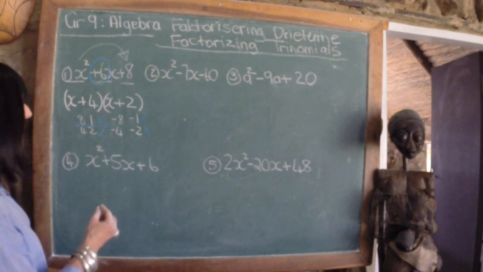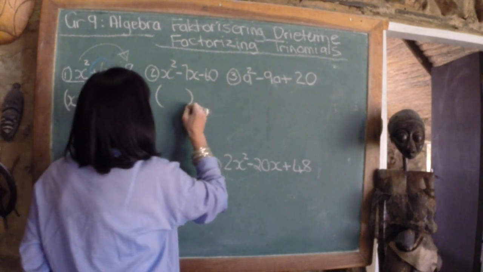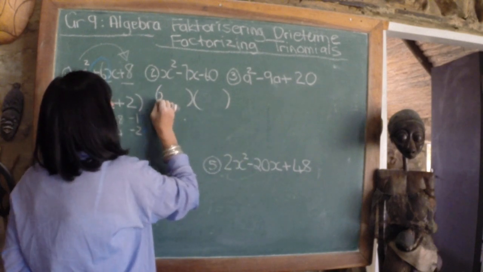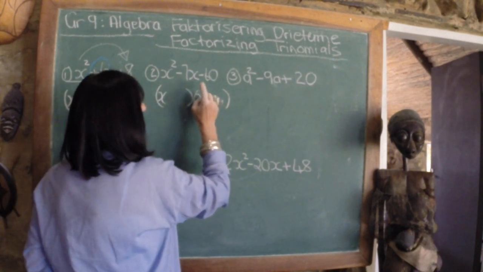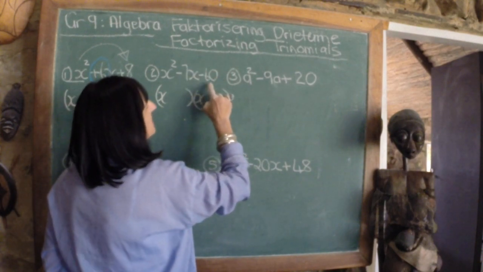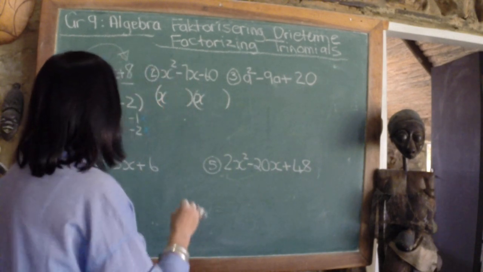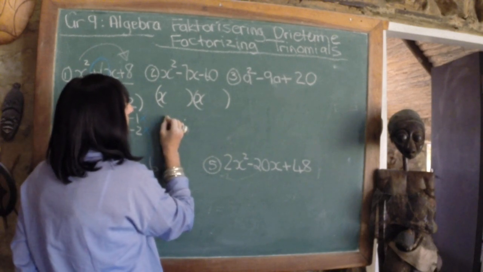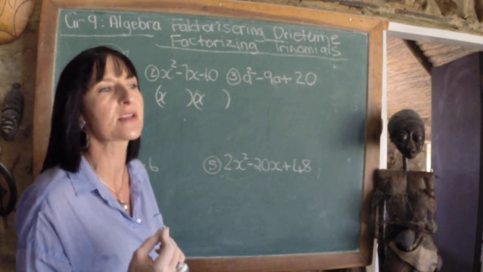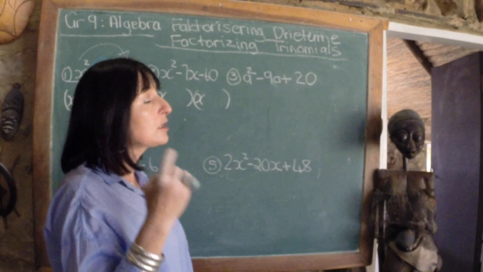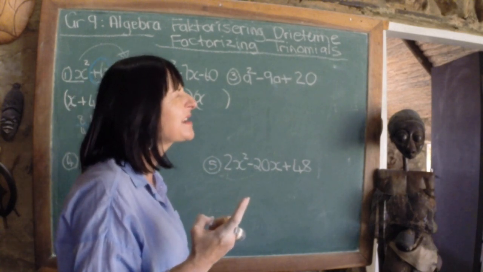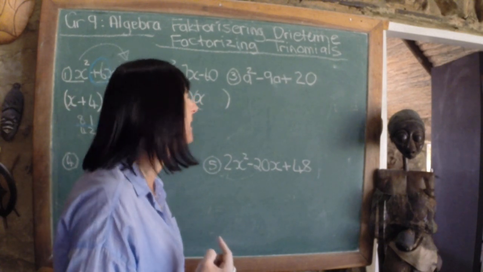Kom ons gaan kyk weer. Trek my twee hakies. Ek het 'n x en 'n x. Nou, minus 60. It says minus now, so I can start with minus 60 and plus 1. Maar ek kan klaar vir myself dink, minus 60 plus 1 is minus 59.